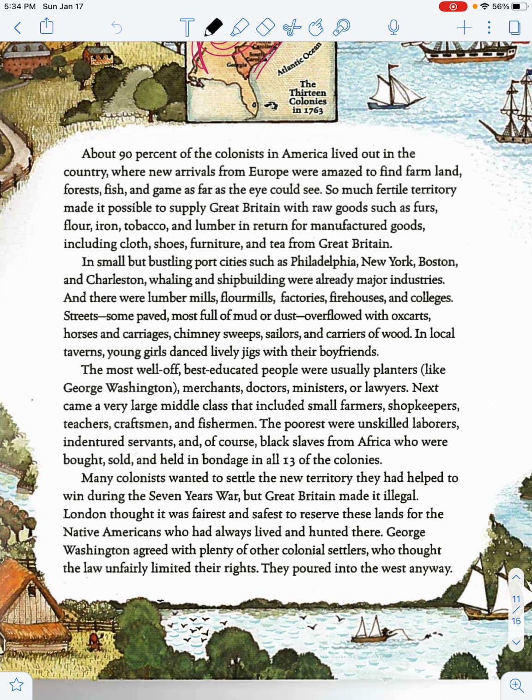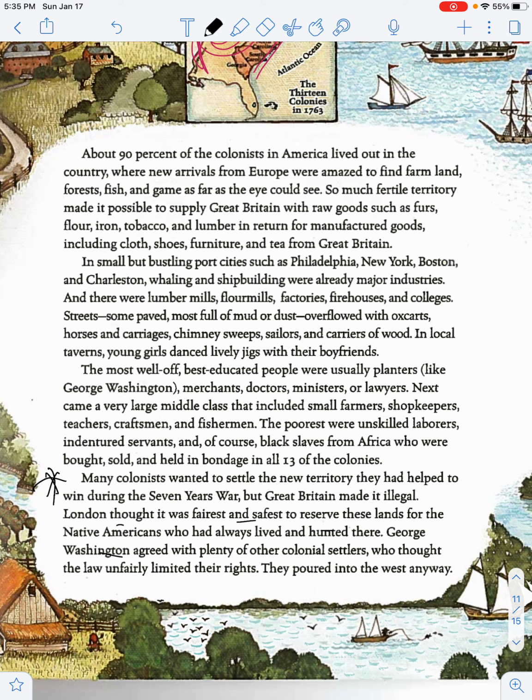Many colonists wanted to settle the new territory that they had helped to win during the Seven Years' War, but Great Britain made it illegal. London thought it was fairest and safest to reserve these lands for the Native Americans who had always lived and hunted there.